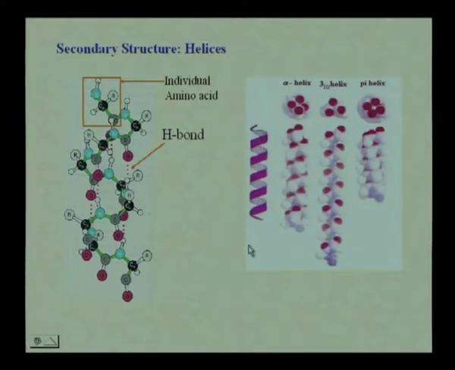These are the different types of helices you can have. You can have what is called an alpha helix, what is called a 3-10 helix, and what is called a pi helix. I will explain these terms. But basically what you need to know is what an alpha helix actually is. Okay? These just tell you how many turns there are because they look kind of different.